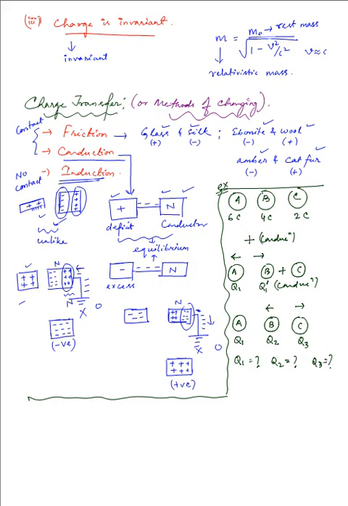So in this case, we go back to the first instance where A and B were made to contact one another and there was conduction involved, and in that case you have the net charge after transfer Q1 is equal to Q1 primed, and that has to be equal to 6 plus 4 over 2, that is 5 coulomb each.